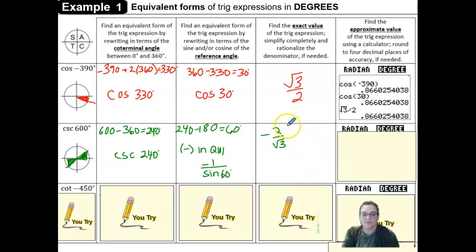And then we need to rationalize that denominator. So we're going to multiply by square root of 3 divided by the square root of 3, which is -2 square root of 3 over 3.